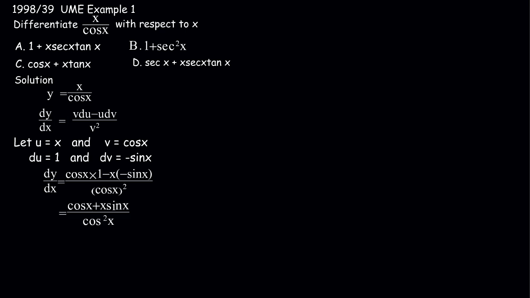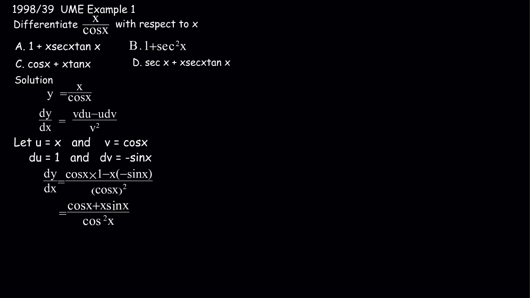Simplifying further, it will be equals to cos s, cos s times 1 is cos s, plus s sin s, minus s times minus sin s will be s sin s, divided by cos square s. At this point, we are going to split our fraction into two, that's separating our numerator.